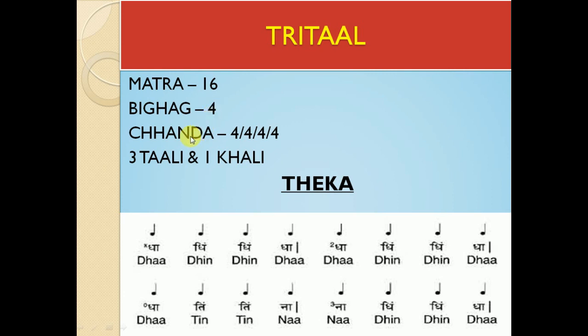Now chanda, how many vibhags are there? How many matras are there in each section? There are 4 matras. Let's now see 4, 4, 4, 4. Okay, how come? See 1, 2, 3, 4 division, 4 division, then 1, 2, 3, 4 division, 4 division, 1, 2, 3, 4 division, 4 division, and finally the last one, 1, 2, 3, 4 division, and here the last section 4.